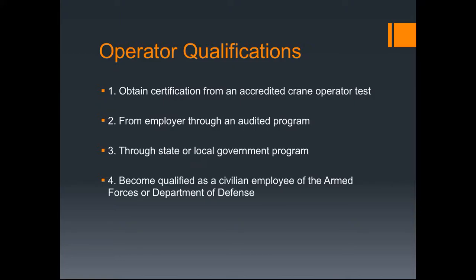Now, to get your crane license, you need to meet one of these four operator qualifications, and for all of these you usually have to complete a 1 to 3 year apprenticeship program.